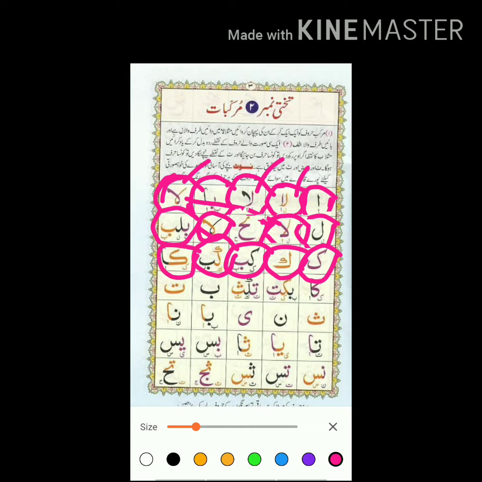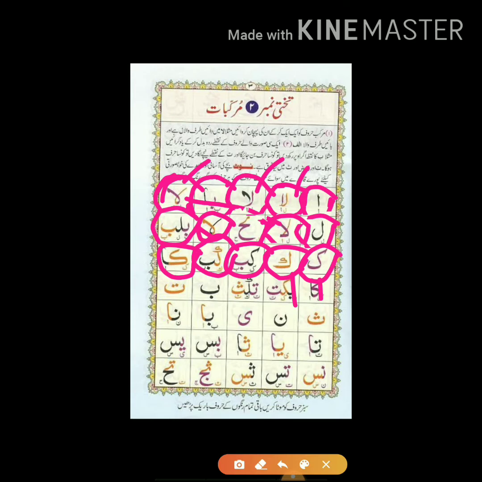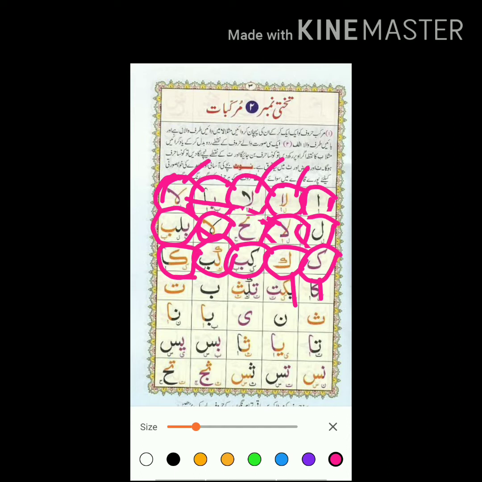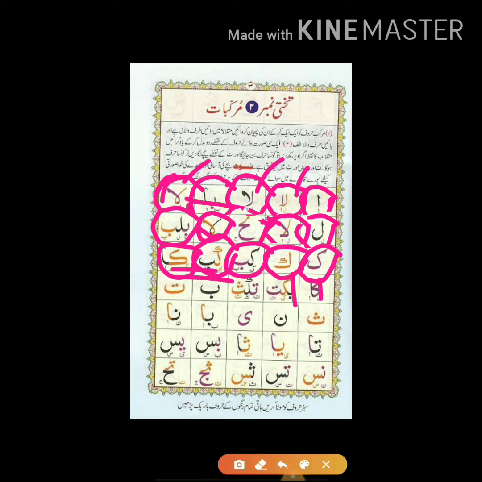As I have told you, kaf can be written like this and like this. Again, in line number 3, the last box is kaf, and the straight line, which is very easy to recognize, is alif. So kaf and alif, kaf, alif.